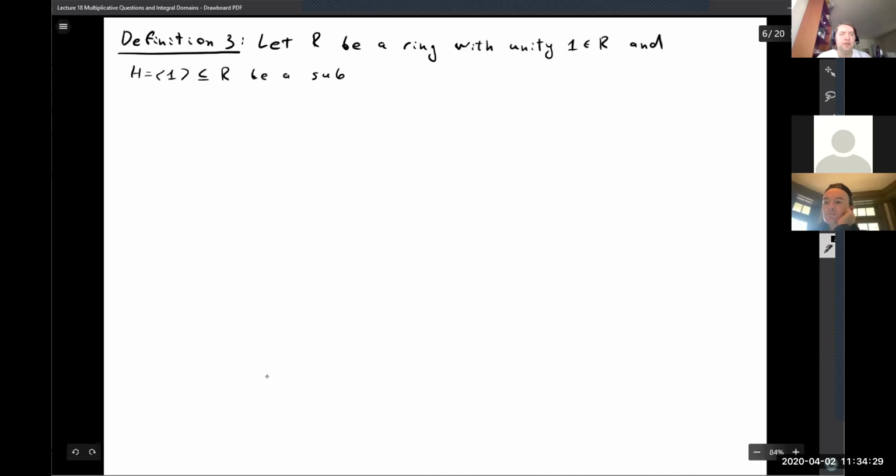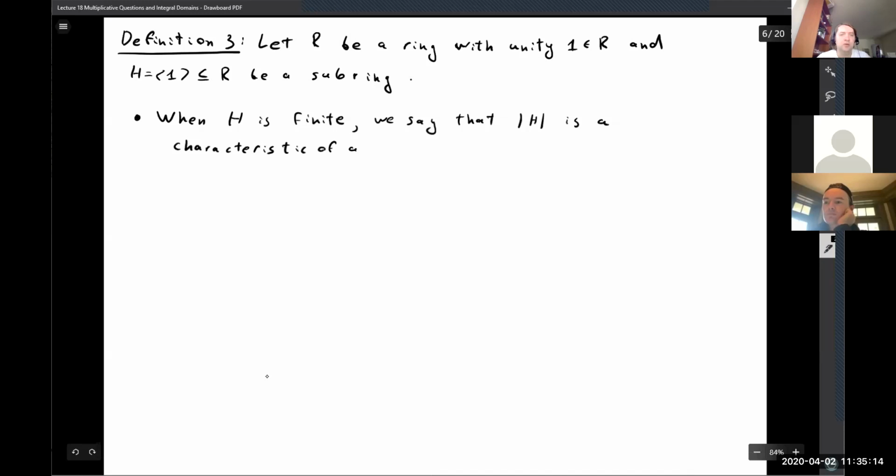Now, when H is finite, we say that the cardinality of H is the characteristic of the ring.